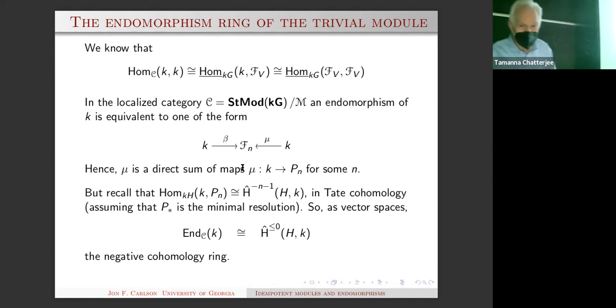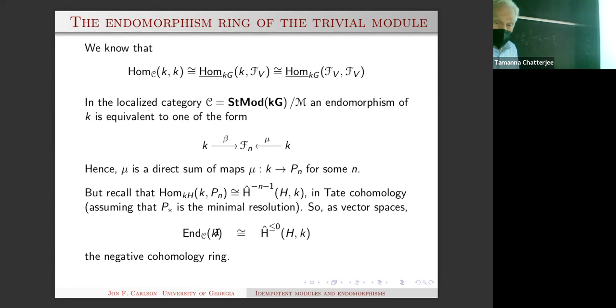All right, but here's what happens when you do this. If you've got a map from K into the projective resolution, a KH homomorphism, then that in fact is the Tate cohomology ring, the negative Tate cohomology ring, or let's say non-positive Tate cohomology ring.